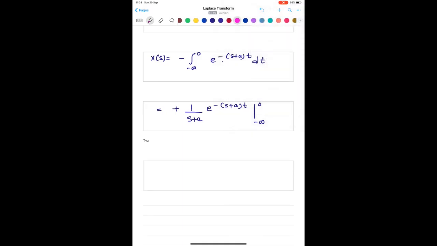Now here, if you put the upper limit on this, then it will be e raised to the power 0, so it will give us the answer equal to 1.